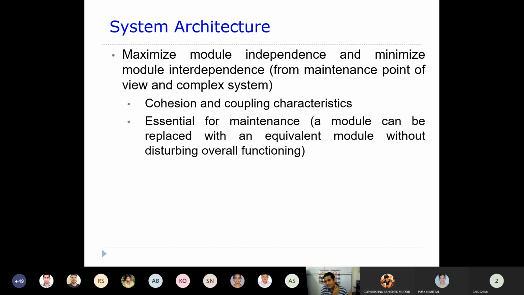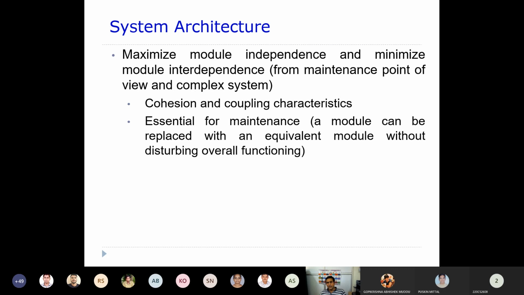Right, so there are two such characteristics. One is called cohesion and the other one is called coupling. The module should be highly cohesive, and it should have low coupling. That means modules should not have interdependency on each other, so that should be reduced.